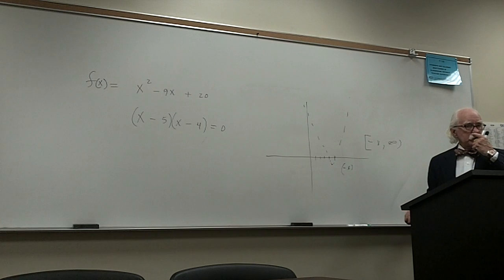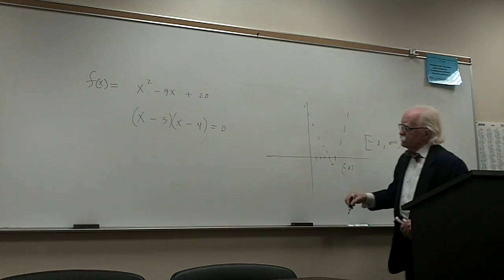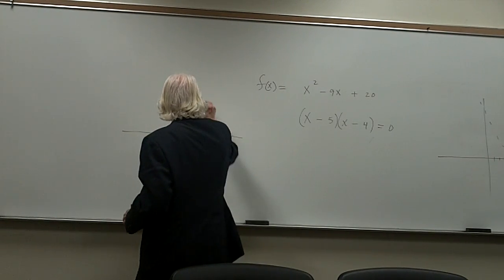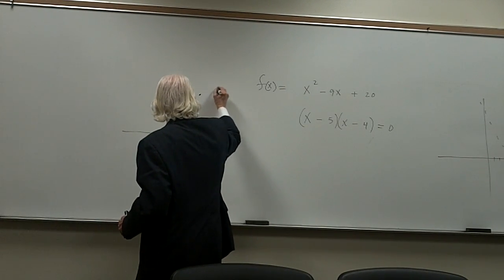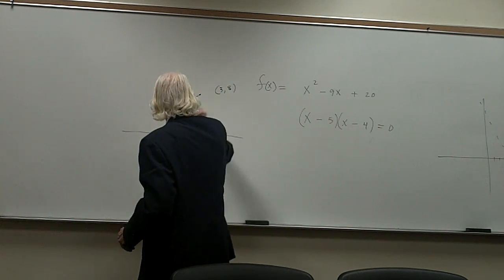That would be the range. That makes sense? That's how you can go about finding the vertex on a quadratic, and that would tell you the range. For example, if the quadratic looked like this, the point right here would say 3, 8, and it went down like this.